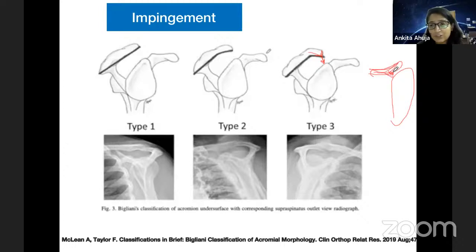But this is something which is a dynamic thing, and impingement is a clinical diagnosis, which you guys need to make out. It's not something which we can make out on MRI. So personally, in our practice, we don't go over and label the acromions. If we see some big osteophyte or something because of degeneration coming up, we definitely go ahead and mention this.